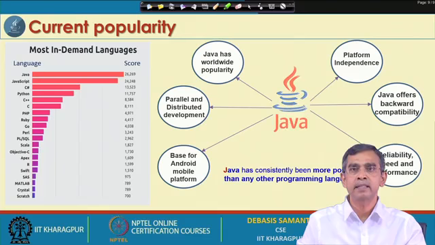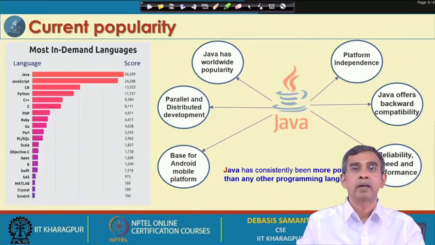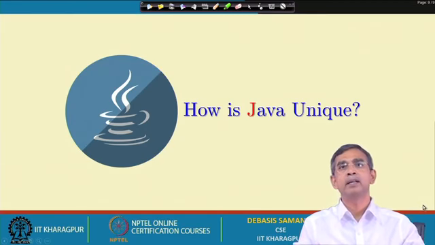We will discuss in detail how Java is platform independent. That means it can run on any machine, any software, any operating system, and more precisely Java is very reliable and high speed, and a very good and accurate programming environment. So, this is why Java is now very popular.